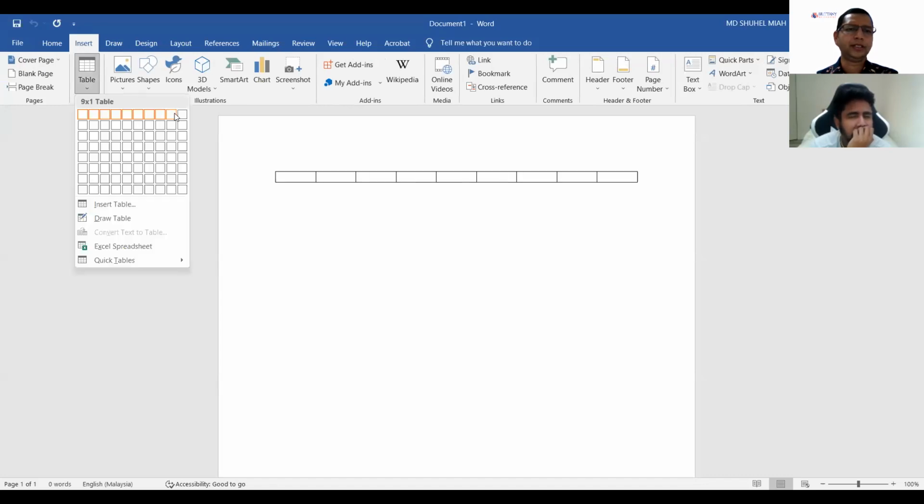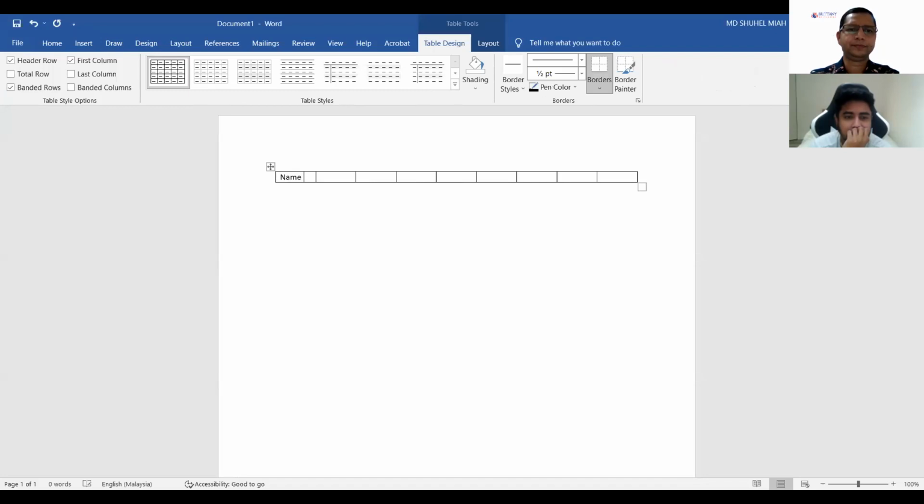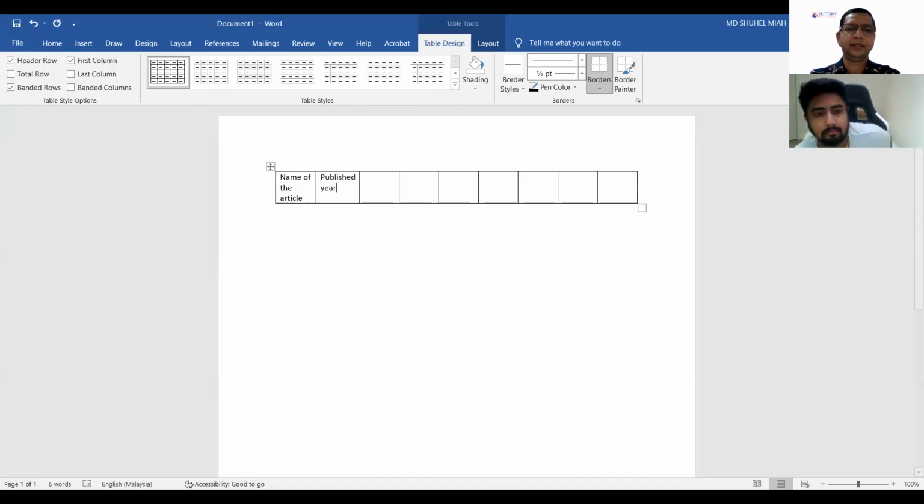Then you write here the name of the article, where it was published. Then you write the problem statement. From the article, you identify the problem. Then who was the population? Then you write the writer name. Who was the writer? Then you write when it was published.